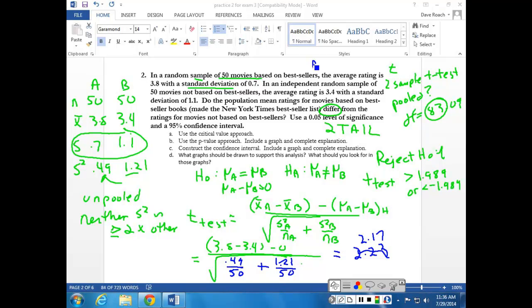The p-value, I'll go ahead and write, is 0.033. I would also go ahead and calculate the confidence interval on here and make sure that's right, and that's why I would say write those down.